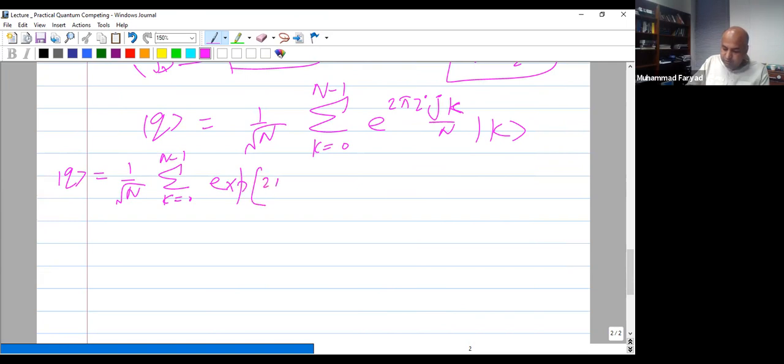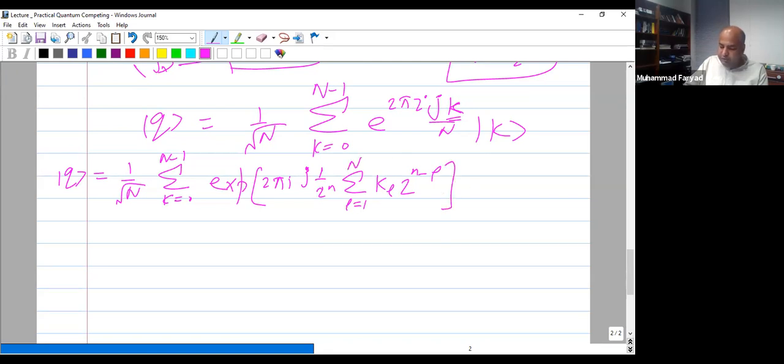So now this is 2 pi iota, and for the j, let's write it j, and for N I'm writing 2 power n, but for this k let's insert its definition. k is nothing but sum of kl 2 power n minus l, where l goes from 1 to n.